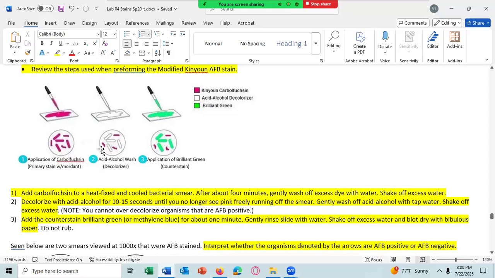The acid-fast positive cells will retain the carbol fuchsin. You then add brilliant green as the counter stain to stain the acid-fast negative cells a green color. And then the acid-fast positive cells retain the pinkish color. Any question about any of that?